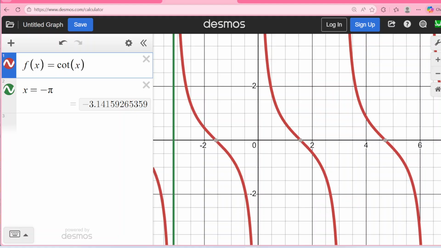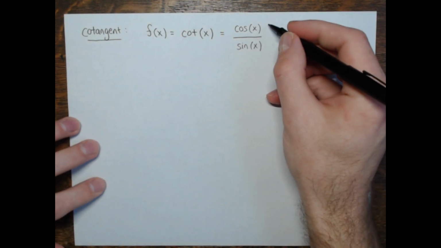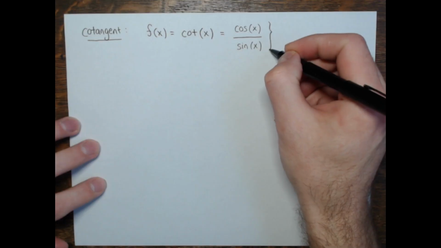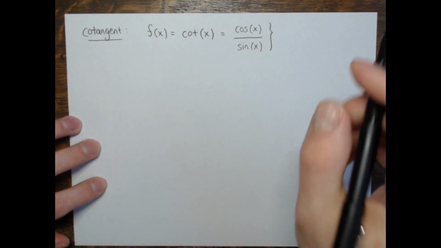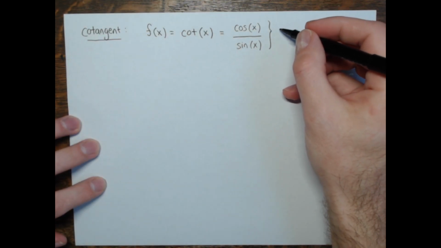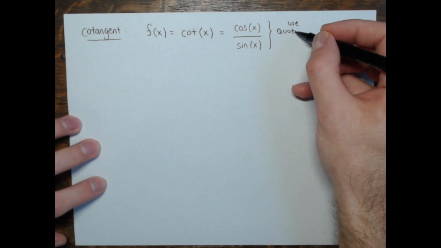All right. But anyway, the derivative. Once again, if I think of this as cosine divided by sine, I'm going to apply the quotient rule once more.